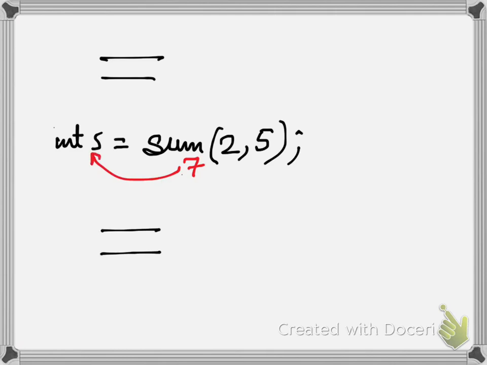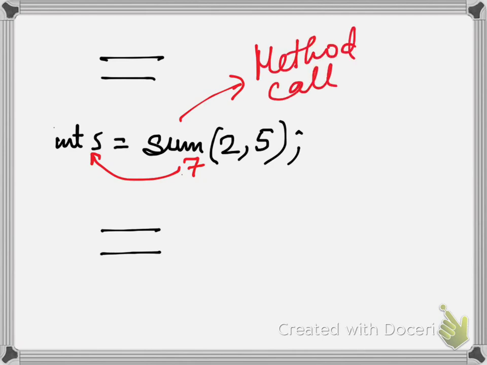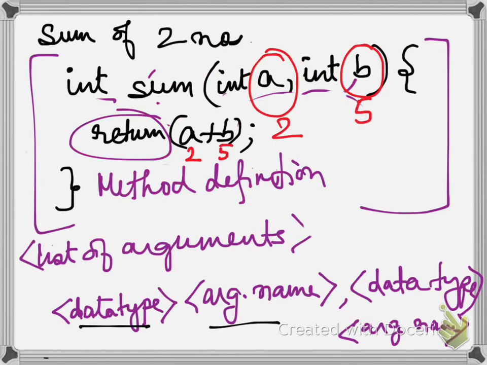What you see now here is called a method call. When the method is called, the control moves to the body of the method, and then it starts executing the statements inside the body of the method.